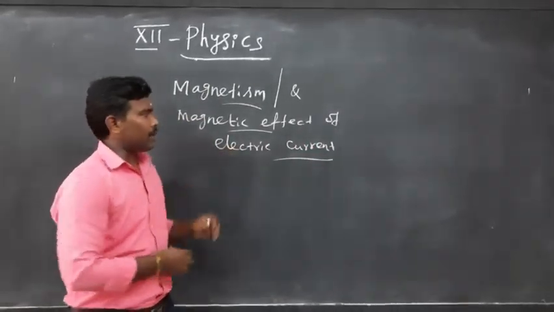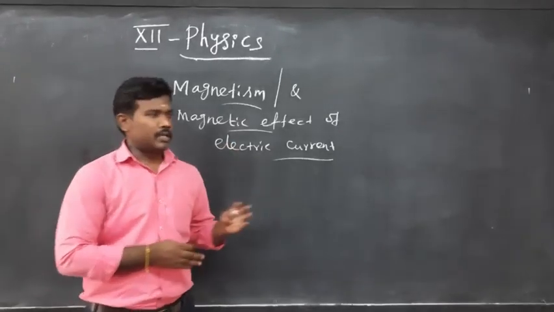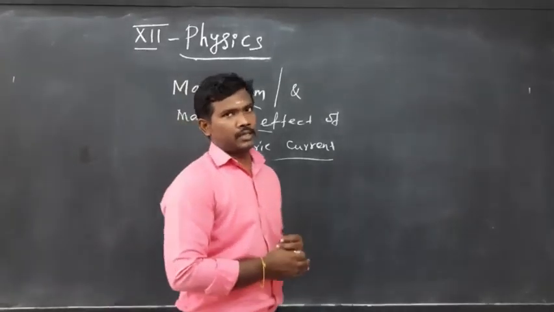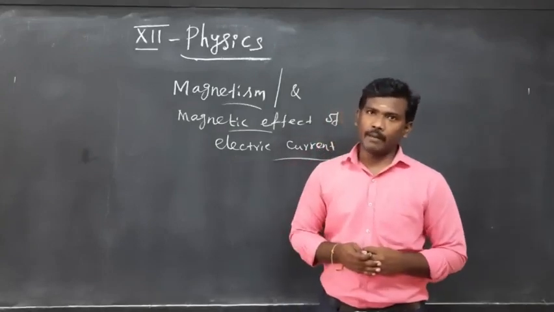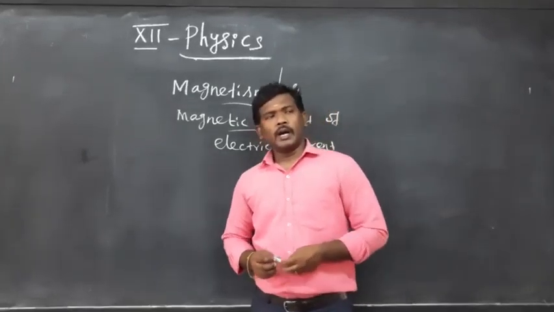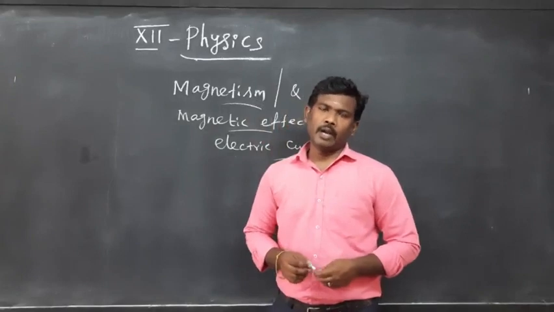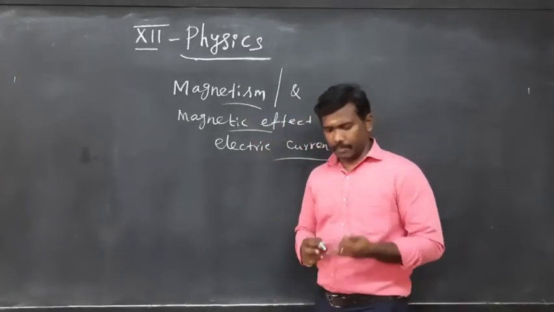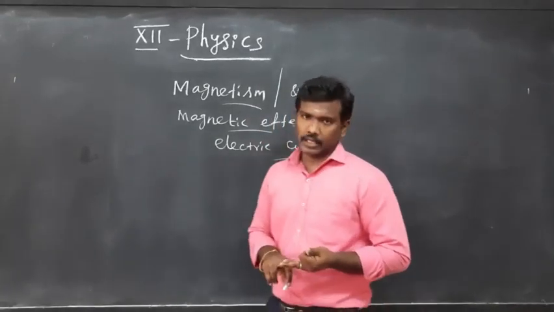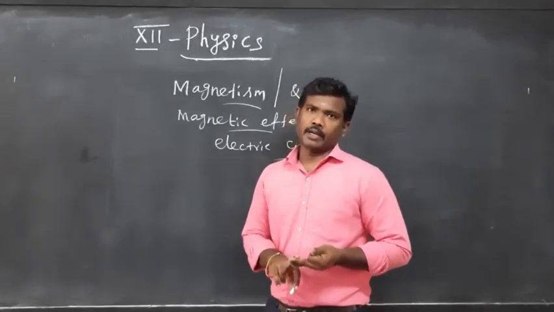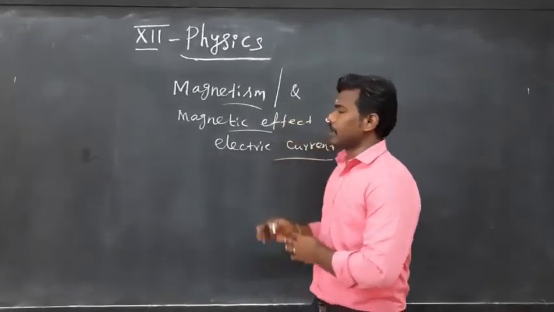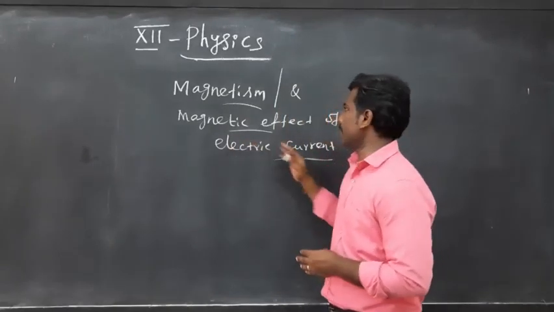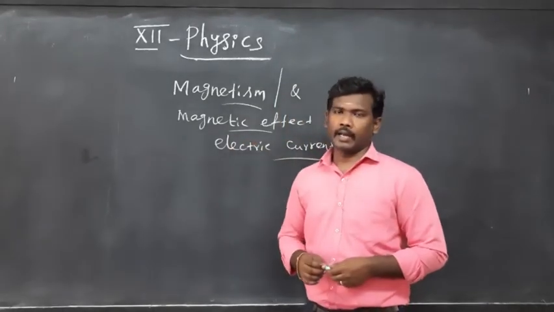And in the second part of this lesson, we are going to see several laws: Ampere's circuital law, Lorentz force, tangent law, and Biot-Savart law. Those things we are going to see in the second part of this lesson under the heading magnetic effect of electric current.